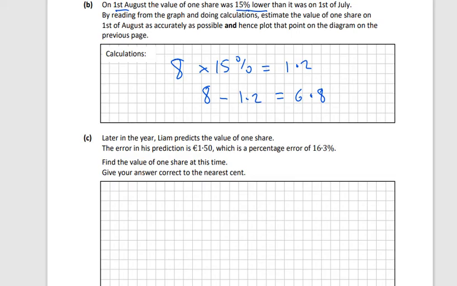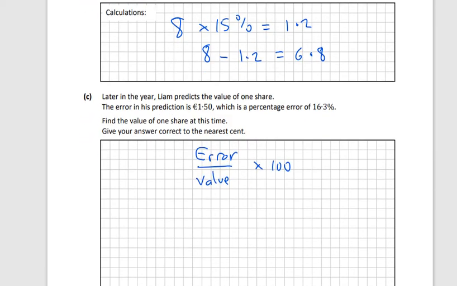The formula for percentage error is the error over the real value times 100. So if I fill that in here, the error this time is 150. I'll call the bottom bit x, because that's what we're actually looking for, the actual value of the share. If you times that by 100, that should give us 16.3%. Well, just 16.3, because it works out what the percentage is.